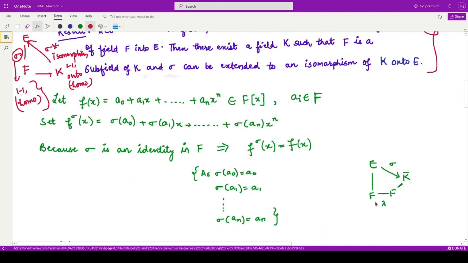So we have the identity mapping from F to F, which is an embedding. We have some extension E of F. We are saying we can extend this mapping to another mapping sigma from E to K bar, which is an isomorphism.